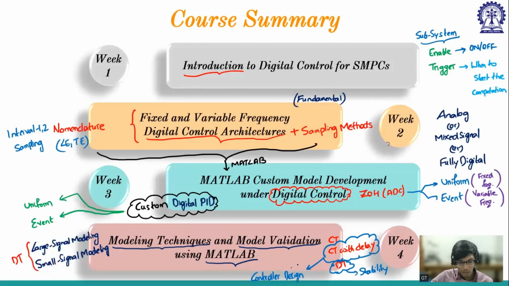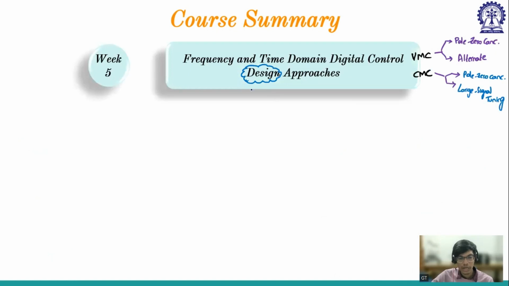So this is for controller design and this is for stability. For controller design, again small signal, we used the continuous time model with delay, because there will be the ADC and DPWM delay. So tau d is the sampling delay plus the on time t on. So this is the total delay.